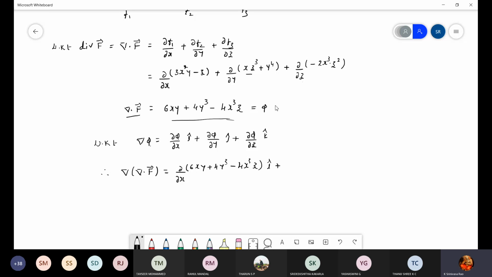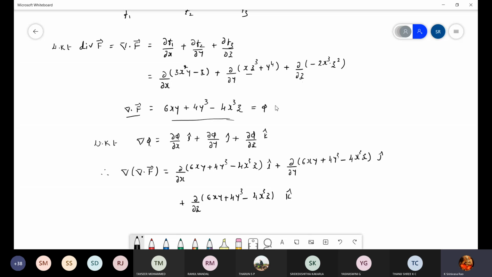This is i cap, plus dou by dou y of 6xy plus 4y cube minus 4x cube z, j cap, plus one more term dou by dou z of 6xy plus 4y cube minus 4x cube z into k cap.